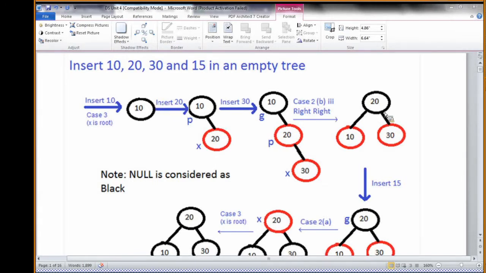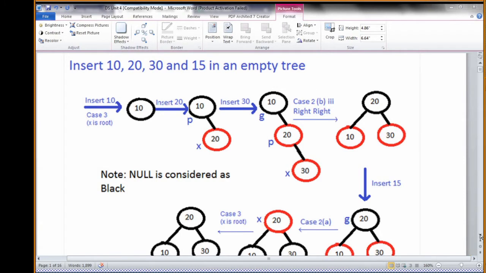The new tree has 20 as root, and 10 is less than 20, so it becomes the left child, and 30 becomes the right child. Now the tree has 20 as root, which we make black, and 10 and 30 are the children, both red. So now it is satisfying the red black tree properties.